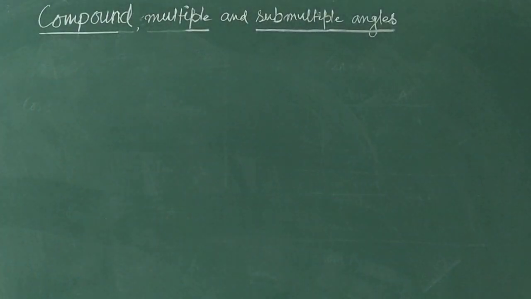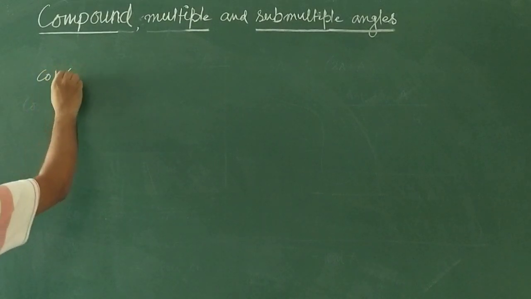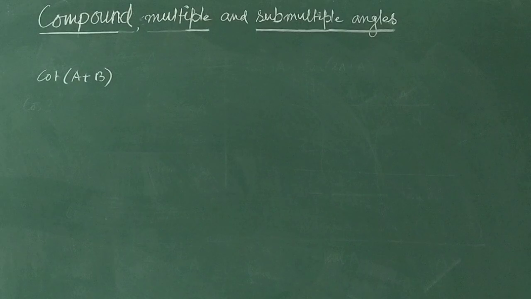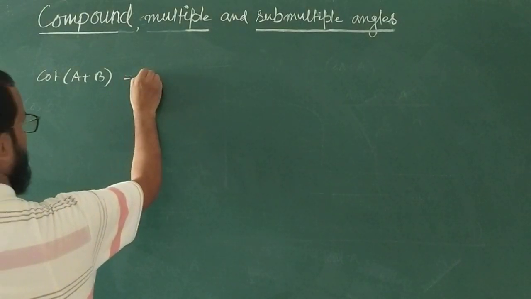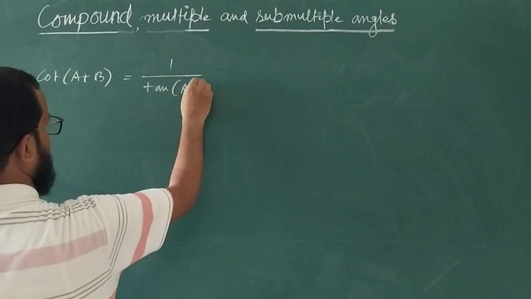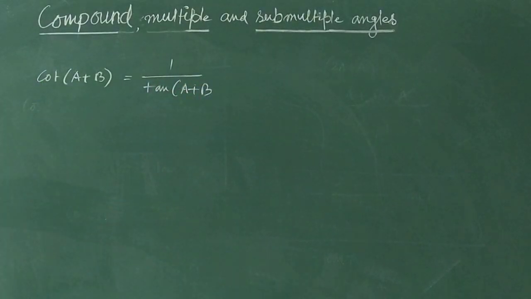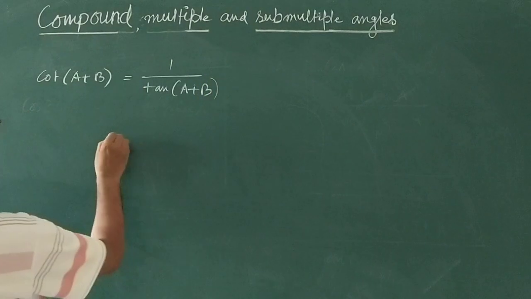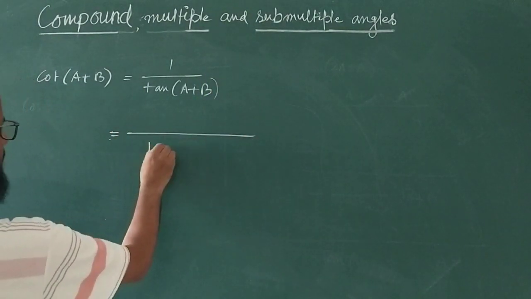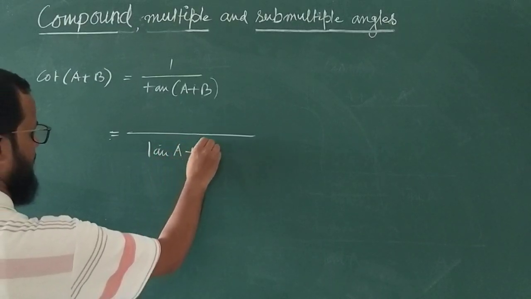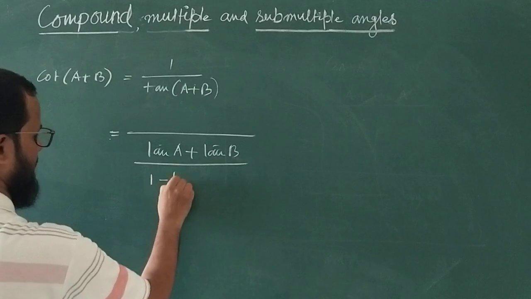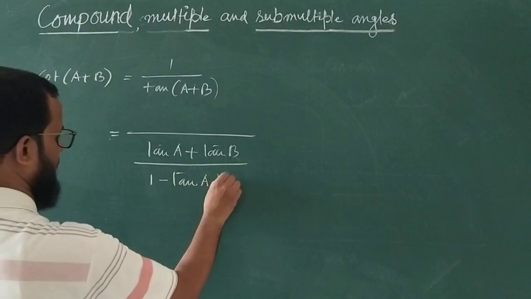Also there is a particular formula, cot of a plus b, which we have not discussed in the last class. So cot of a plus b equals 1 by tan of a plus b, and tan of a plus b equals (tan a plus tan b) divided by (1 minus tan a into tan b).